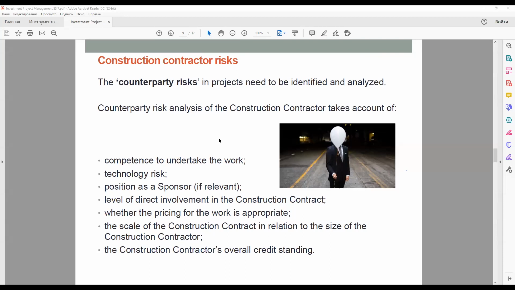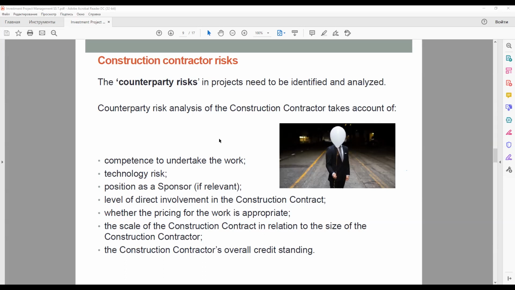It is unlikely that finance could be raised for any project where lenders are not convinced that the construction contractor has a good record in a similar project. Clearly, the more complex the construction of the project, the more this becomes an issue. There would be less concern about the ability to build a school compared with the ability to build a power station.